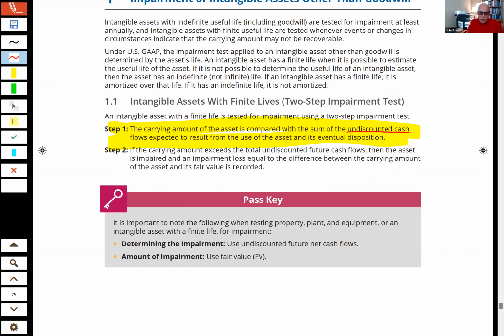I don't care if it's $1 a year for 1,000,000 years, you wouldn't discount those cash flows, and the carrying amount would say 900,000, you would stop and you wouldn't do any more impairment calculation.